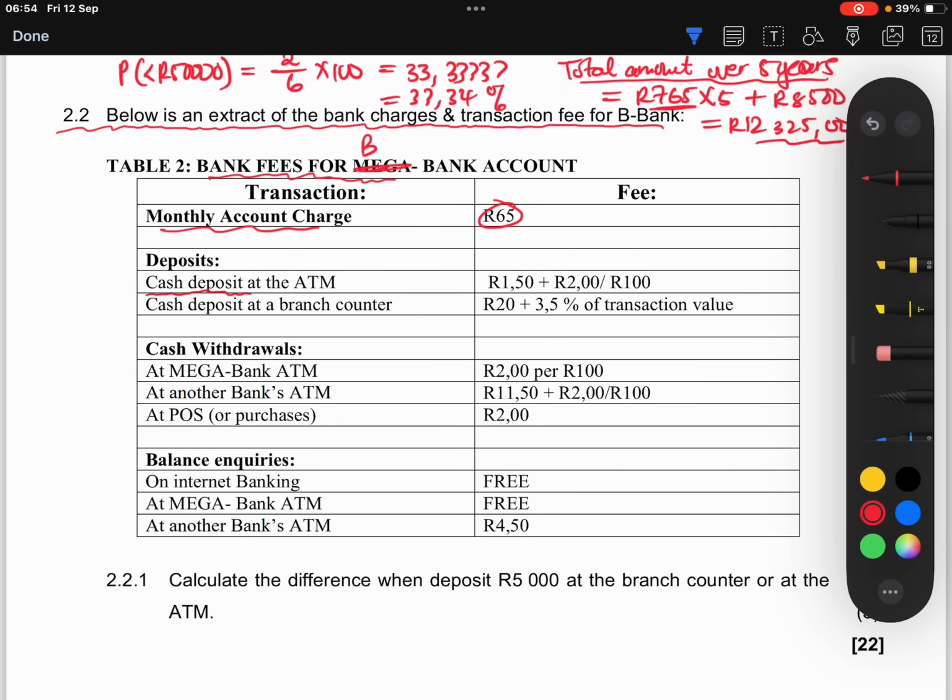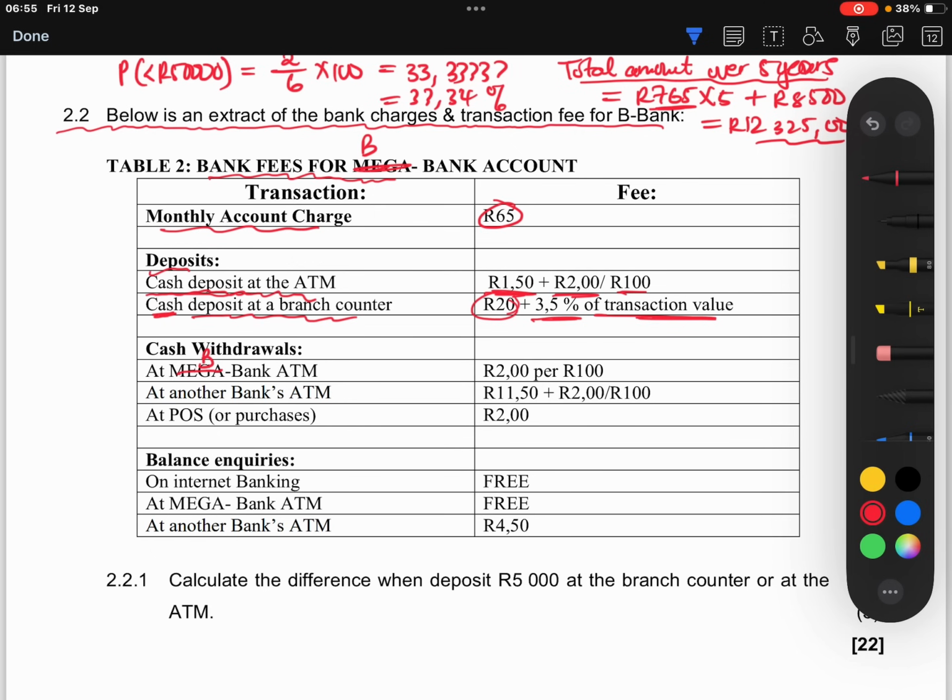If you deposit at the ATM of the B bank, you are charged 1 rand 50 and 2 rand per 100 rand. And then for a cash deposit at the branch, they charge you 20 rand plus 3.5% of the money that you are depositing.